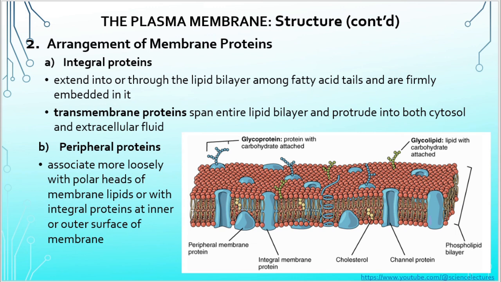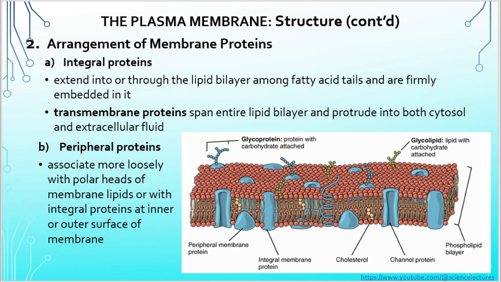These are proteins with carbohydrate groups attached to the ends that protrude into the extracellular fluid. The carbohydrates on these proteins are oligosaccharides. Oligosaccharides are made up of a few sugars, chains of 2 to 6 monosaccharides, which may be straight or branched.